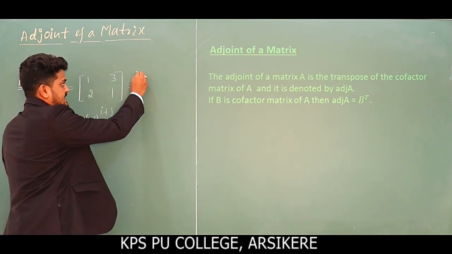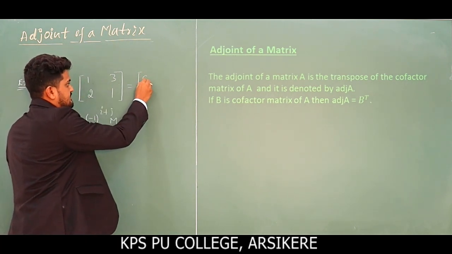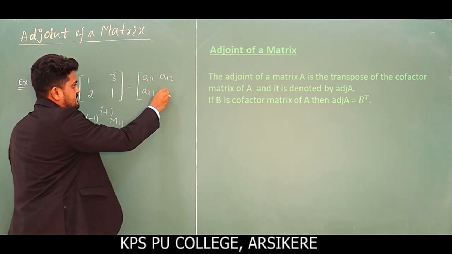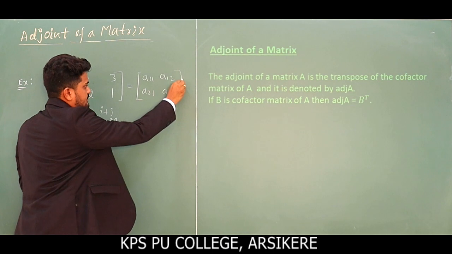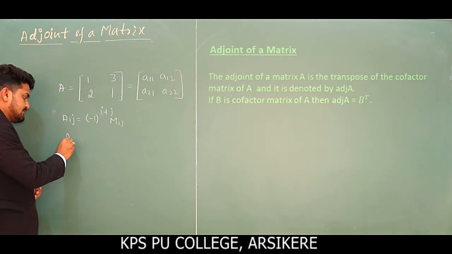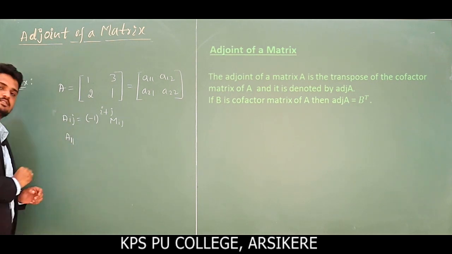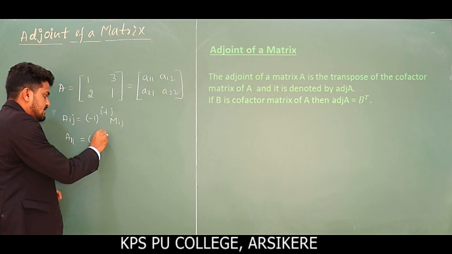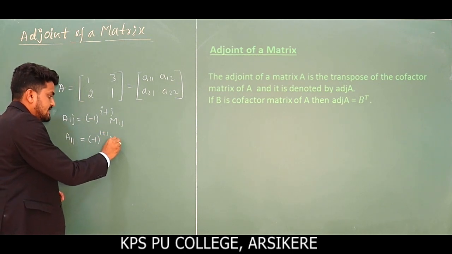So the given matrix can be written as a11, a12, a21, a22. We have to find the cofactor A11. A11 is equal to minus 1 to the power of 1 plus 1 into M11.